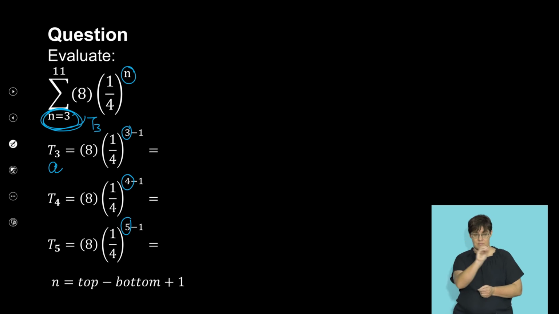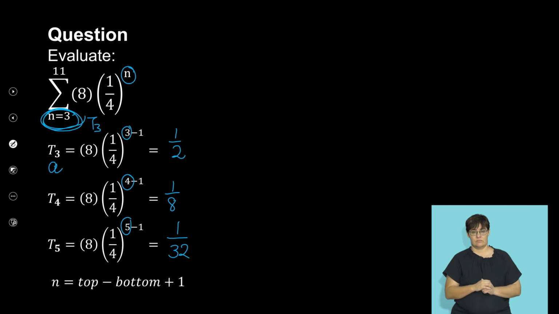So if you plug these 3 into your calculator, you will get a half, then an eighth, then 1 over 32. Those are the first 3 terms of this particular sequence, which actually creates our series.